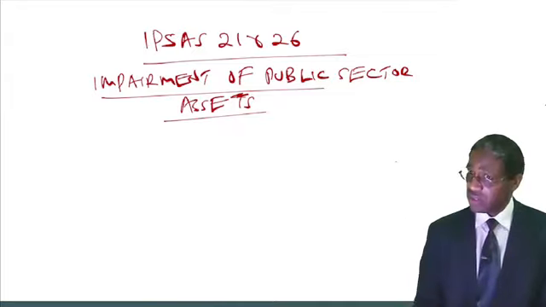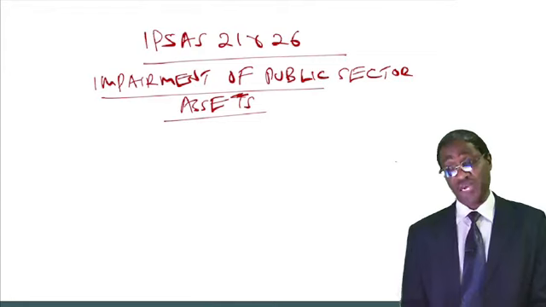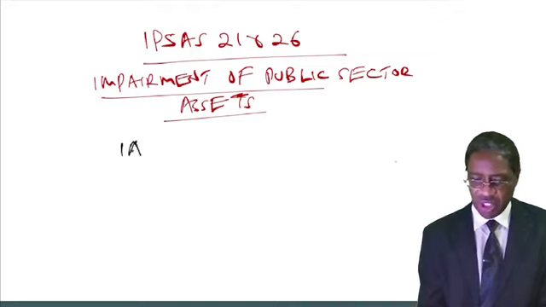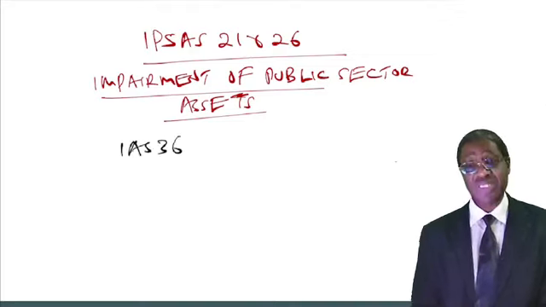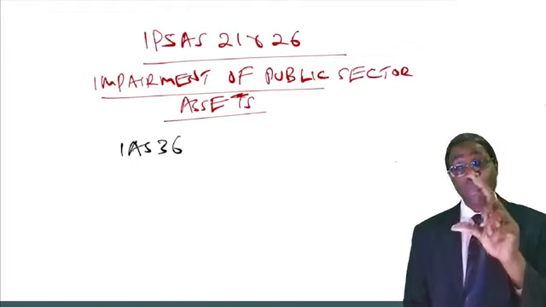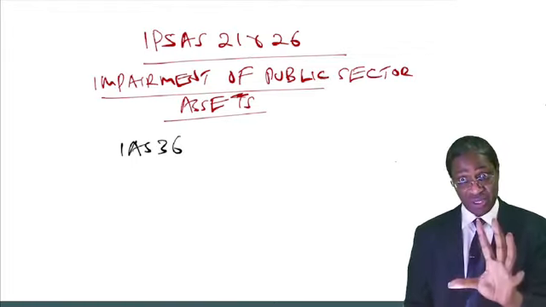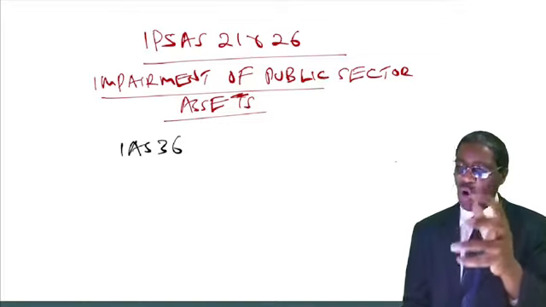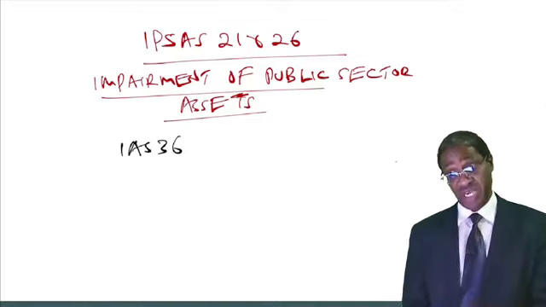That was covered under what we were calling IAS number 36. The International Accounting Standard number 36 was the one for normal businesses. So I want to remind you of that, because there are some concepts we shall borrow from there.